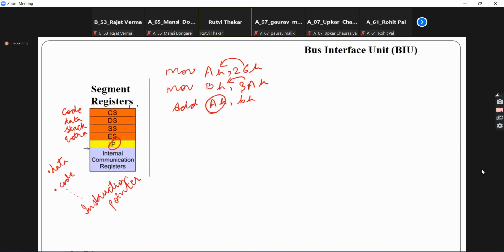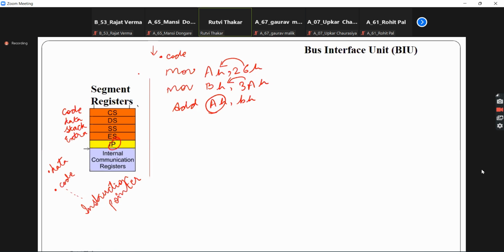Now, when I write down the code, there is some memory address. As I told you, the data has to be stored, the code has to be stored. So the code that I am writing will be stored in .code. So before this, I will write .code, so it will come to know that what I am writing is a part of my code and not just the data.